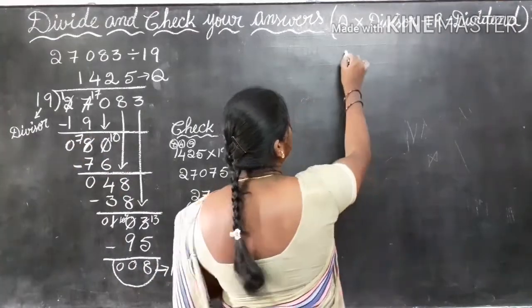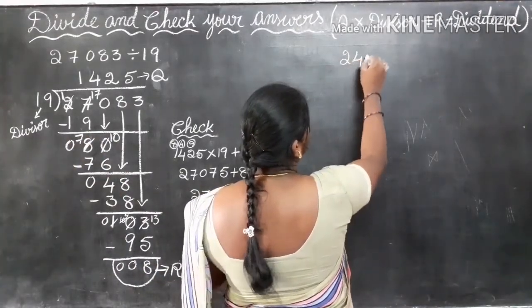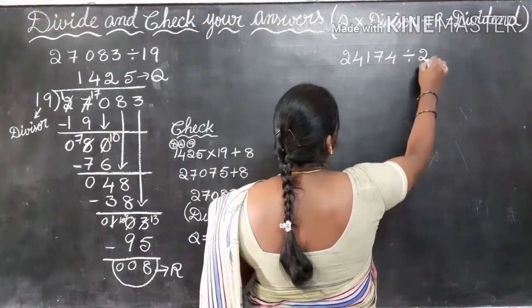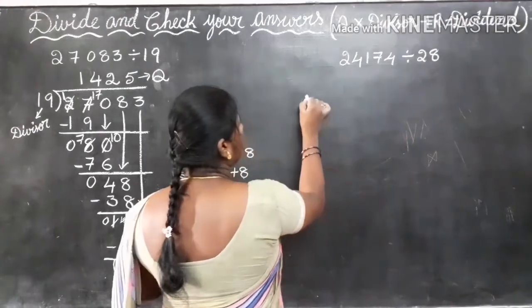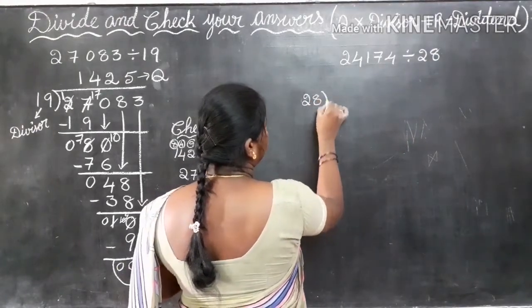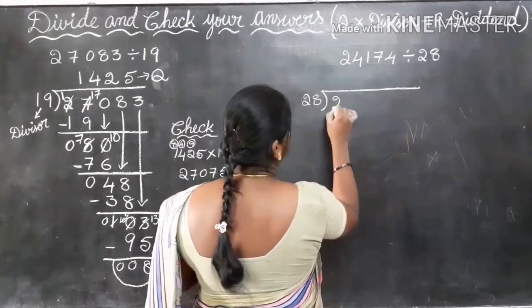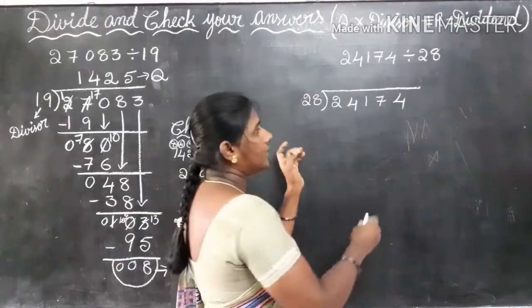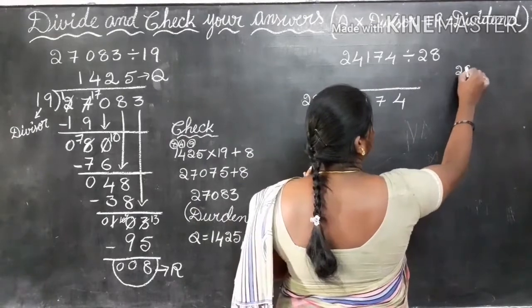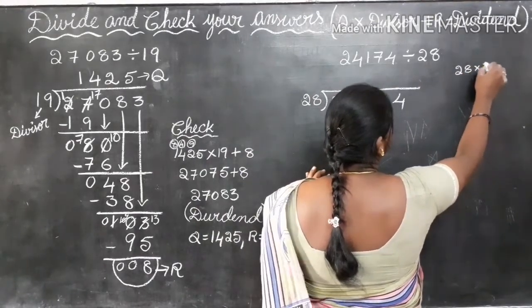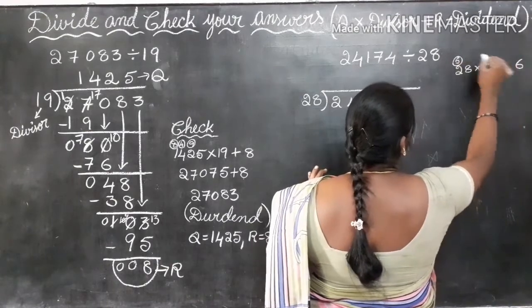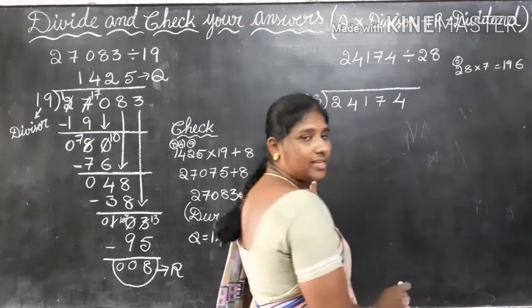So the next one is 24,174 divided by 28. So we have to do the division with 28. If you check 28 sevens, how much? 7 8s are 56. 7 2s are 14 plus 5, 19. So 196.